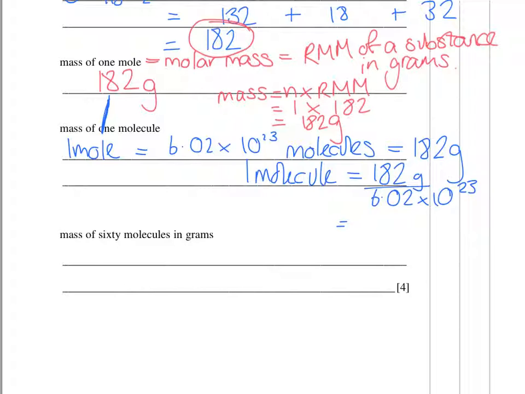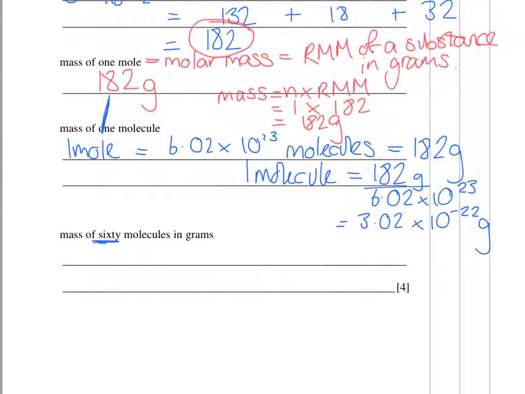And putting that into your calculator, you should get 3.02 times 10 to the minus 22 grams. Okay, so that's the mass of 1 molecule.